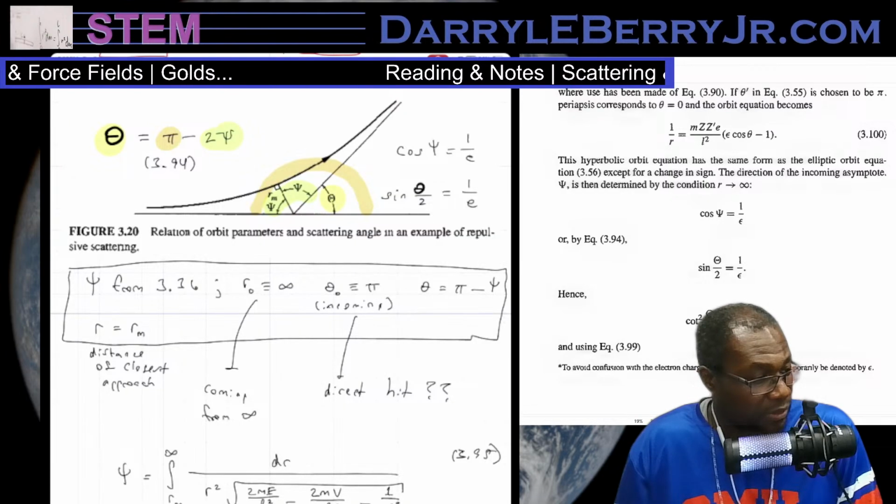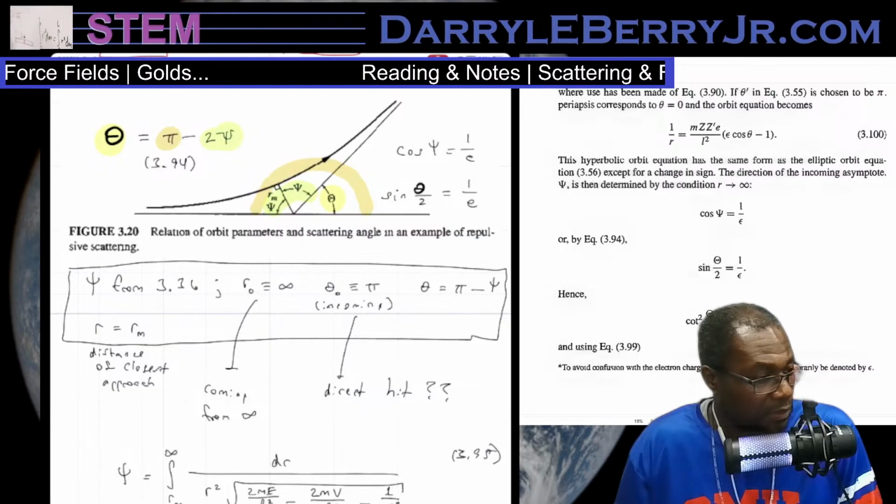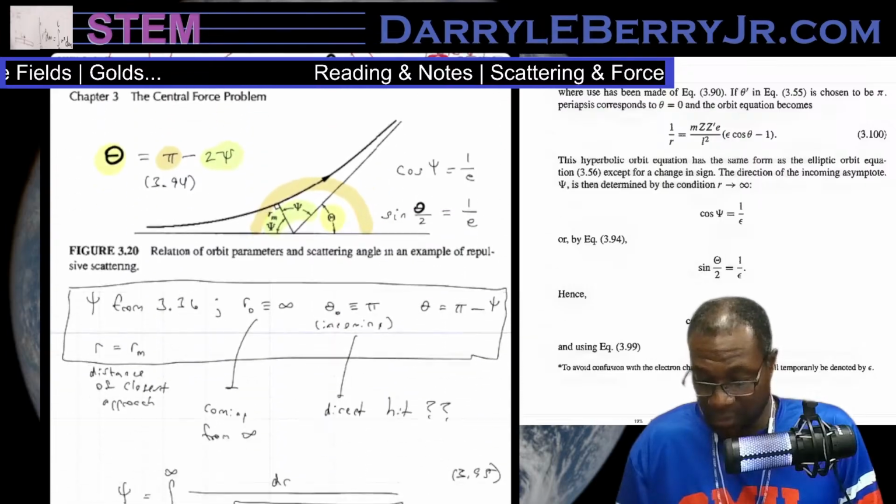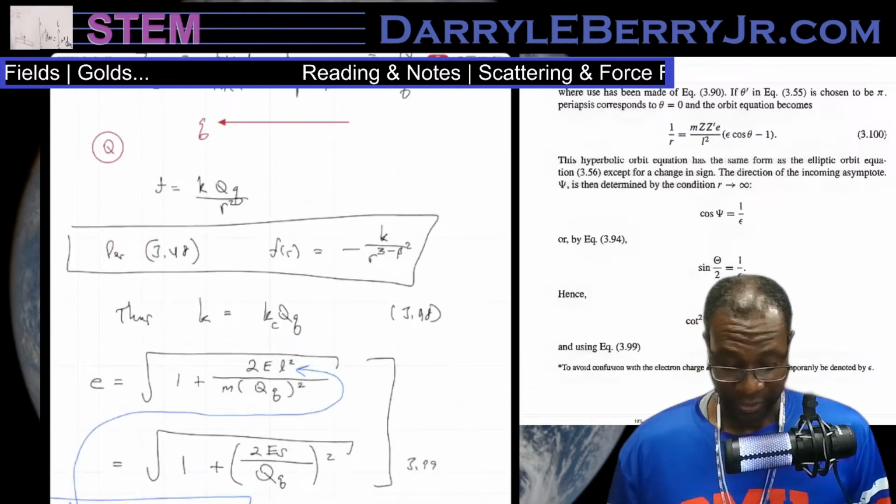They have cotangent big theta over 2. Oh, I see. They're using equation 3.99. Well, at least they're saying what equation they're using.